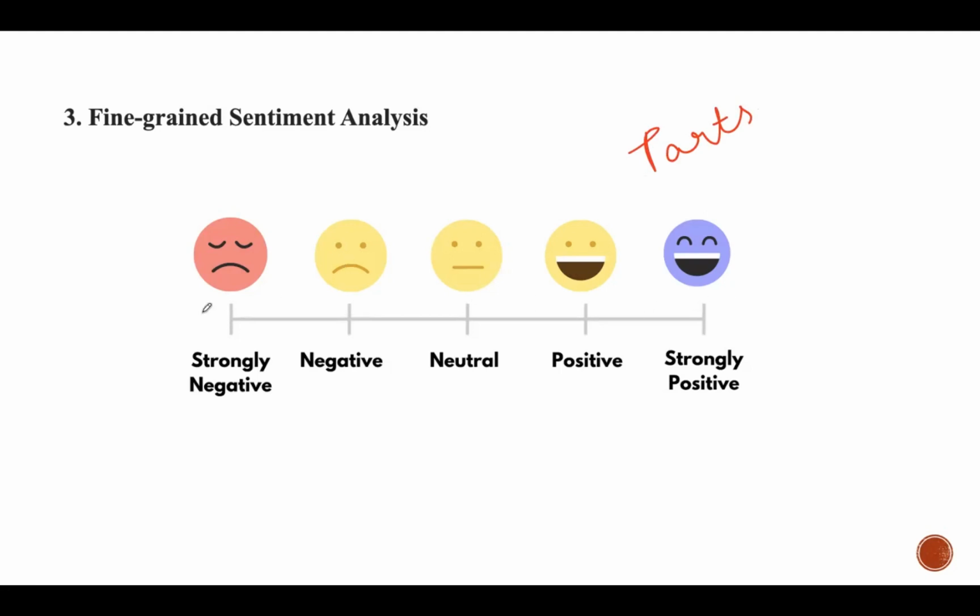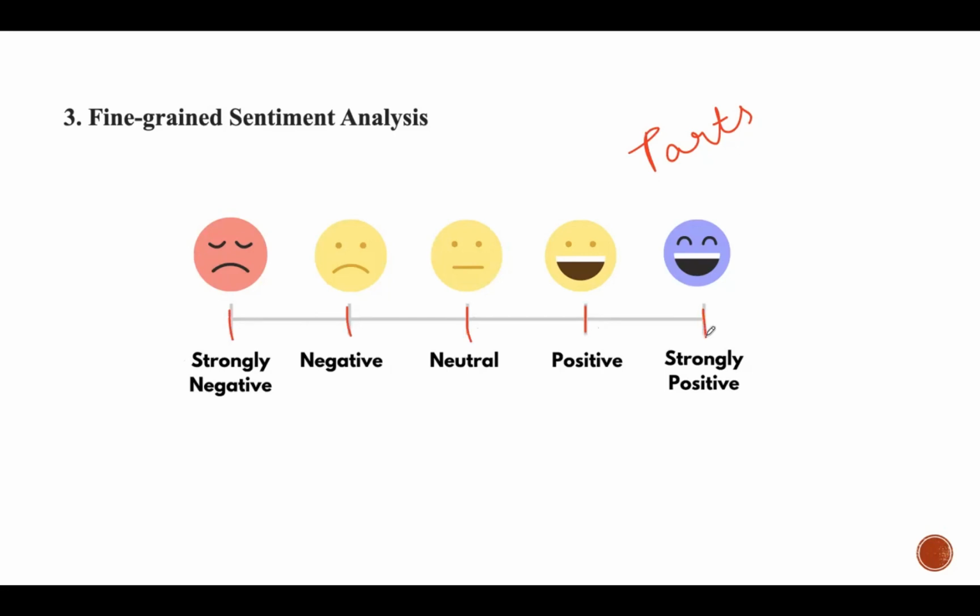So here you can see in this diagram, the sentiment was broken down into multiple parts, and then we are extracting sentiment from individual parts. The sentiment is then categorized into one of the 5 polarity categories: strongly negative, negative, neutral, positive, and strongly positive.